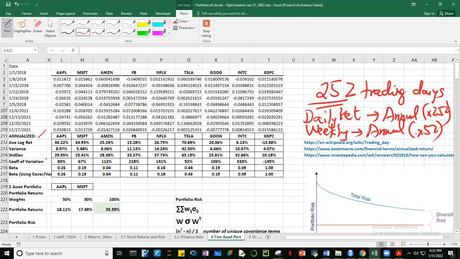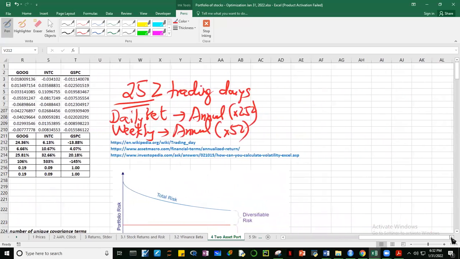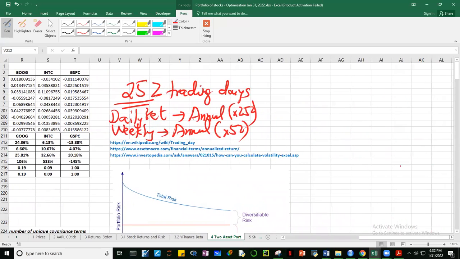And then if you have monthly returns, syempre, times 12. So that's what happens when we compute for the returns. Pag returns, guys, daily to yearly times 252. Weekly to yearly times 52. Monthly to yearly times 12.